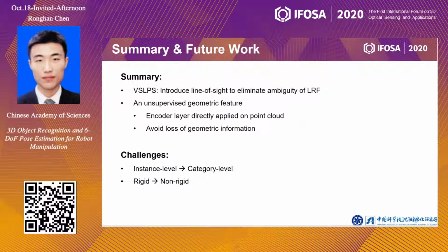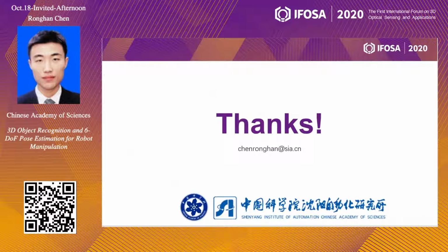Currently, most pose estimation methods focus on the instance level and estimate a rigid transformation. Category level and non-rigid pose estimation are challenging, and in the future we will also focus on these problems. So that's the end of my talk, and hopefully it's interesting and helpful for you.